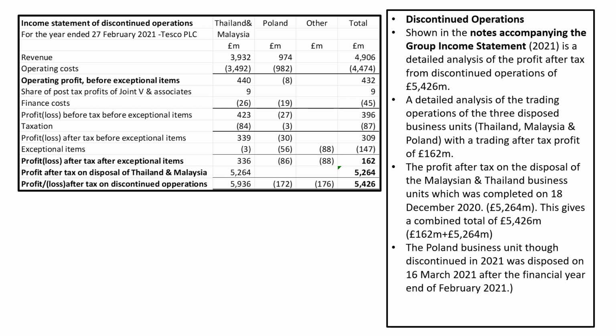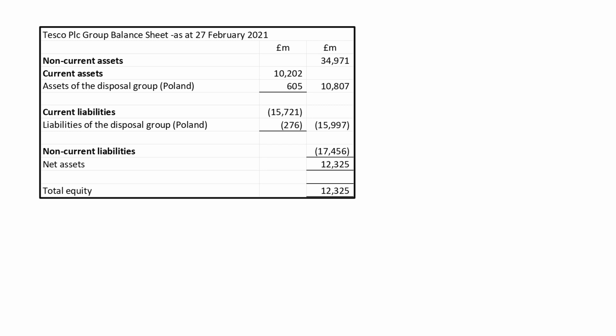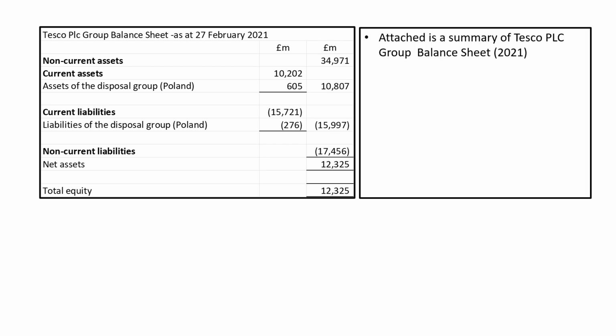The Polish business unit, though discontinued in 2021, was disposed on 16th of March 2021 after the financial year end of February 2021. Attached is a summary of Tesco plc's group balance sheet for 2021.